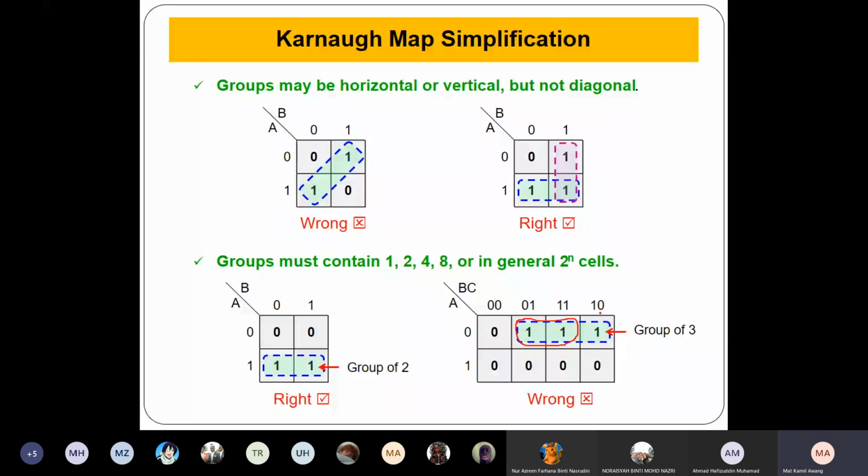See, C changes into 0. So you cannot group. So you can only group these two, or you can group these two. But you cannot group all three when you want to do minimization.